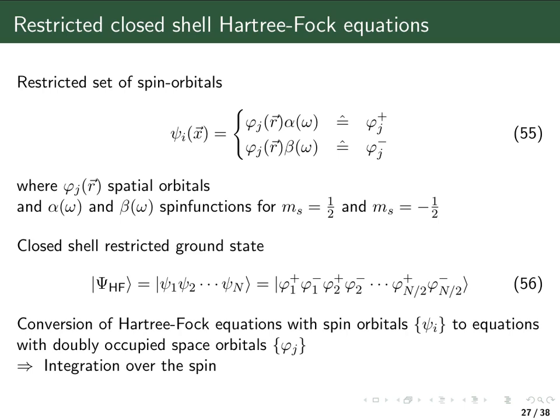Now, so far we have written all the Hartree-Fock equations up with spin orbitals, which of course is a natural way to do because the Slater determinant is made from spin orbitals. And the spin orbitals are in general a product of a spatial orbital, phi, and a spin function.